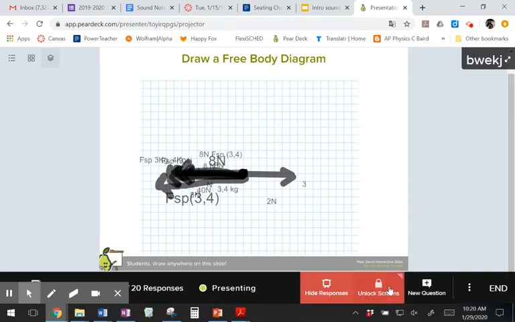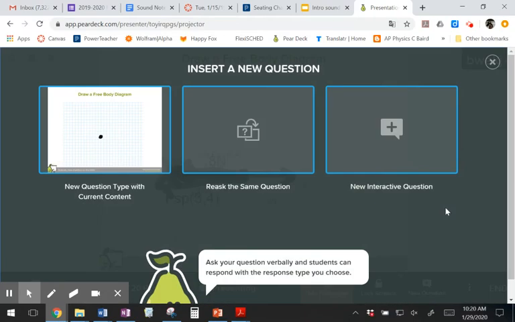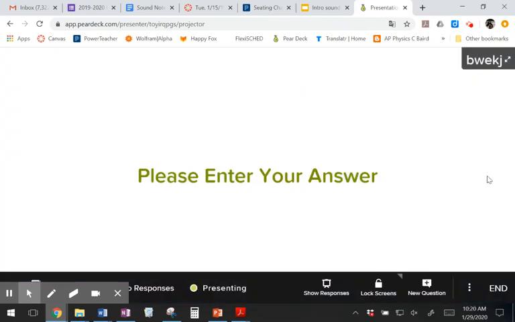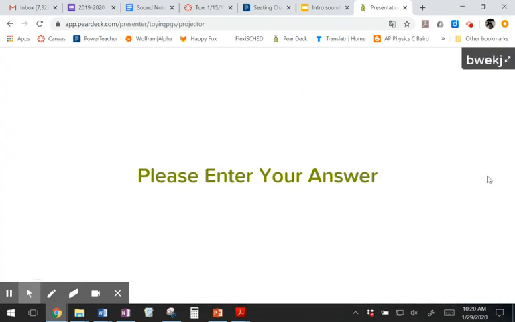Okay, so I don't need to lock that. I need to freeze that. My question to you is this: why are you drawing that force that way? So let's do this, not make a multiple choice. There we go. Why are you drawing 3,4 the direction you're drawing it?